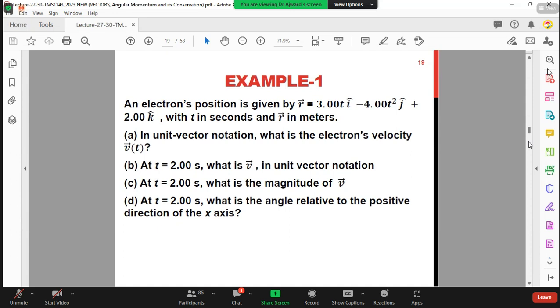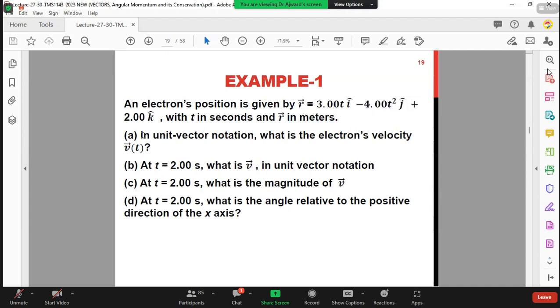All right. So if an electron's position is given by this vector, so now the position vector is given, because it is not just one-dimensional, straight line motion, it is 3-dimensional motion. So T is in seconds and R is in meters.